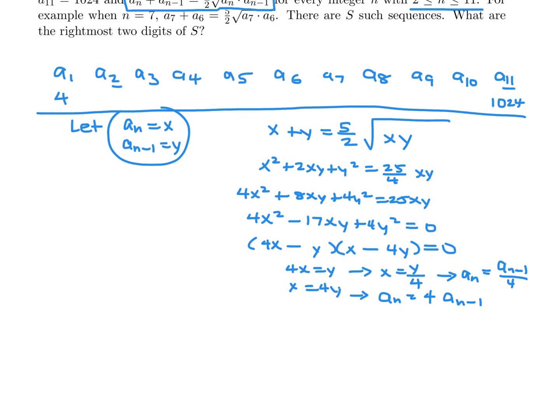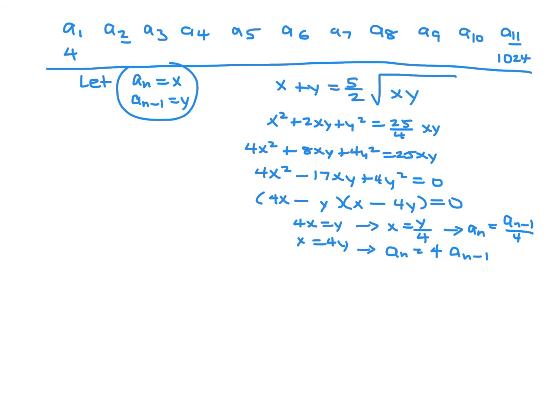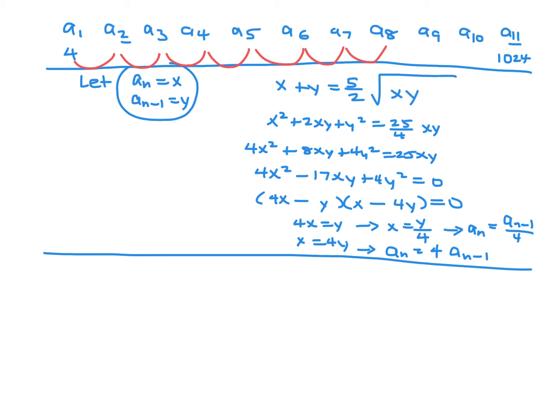Okay, that's pretty good. So what does that actually mean? It means that as you're making these jumps, each number will lead to the next number, and how you decide is with these two formulas.